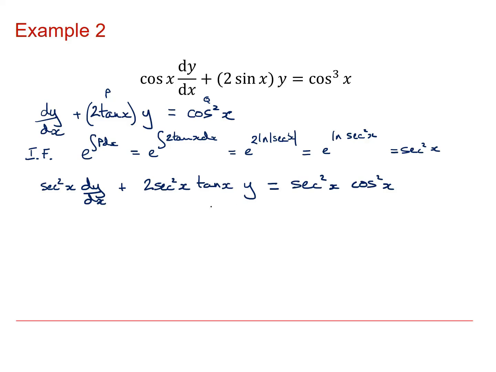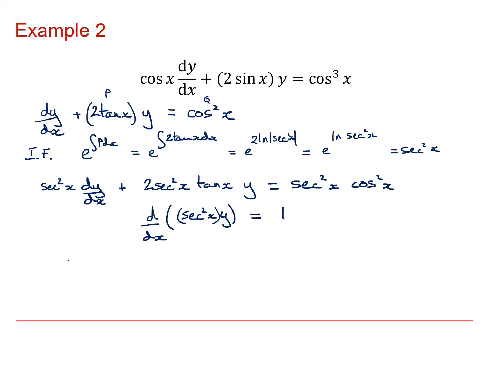Well, the left-hand side is a perfect derivative now. It's d by dx of my integrating factor times y, and that's equal to, sec squared is 1 over cos squared, so this is just 1.